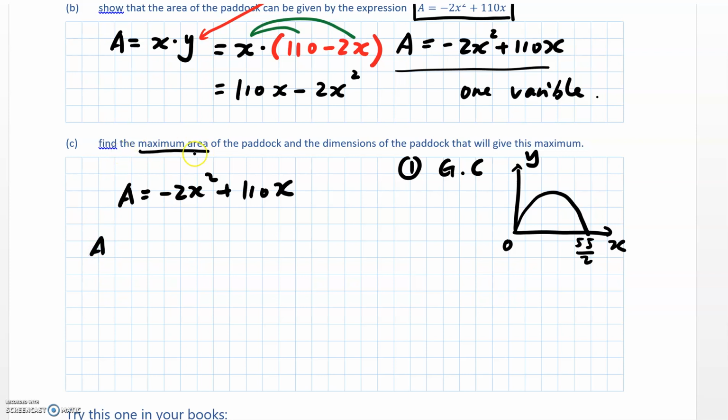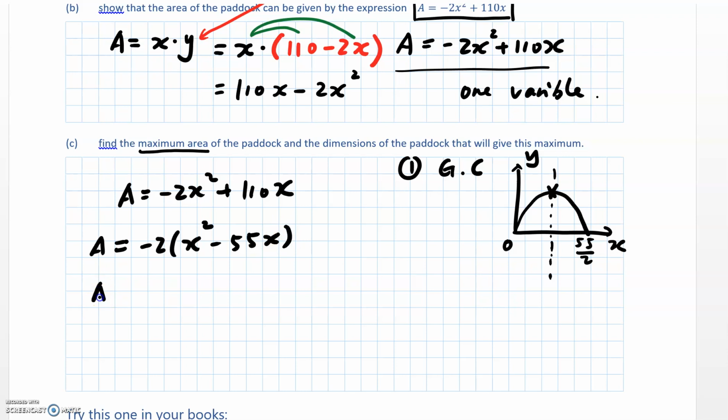We're interested in the maximum. So basically what we're interested in is this point. We also call this a vertex, and this is also on the axis of symmetry. Does that make sense? So I can do completing the square: negative 2, x squared take 55x is my first step.